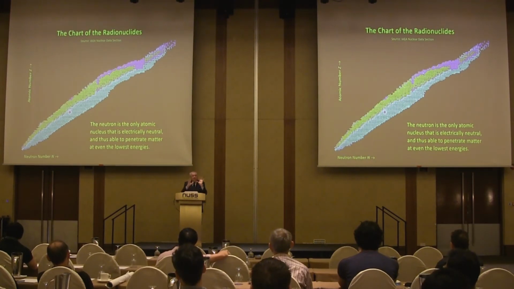And so, if you recall your basic atomic physics, if you bring atoms together to form a molecule, you can only get them so close because eventually the positive charges of the nuclei repel each other.